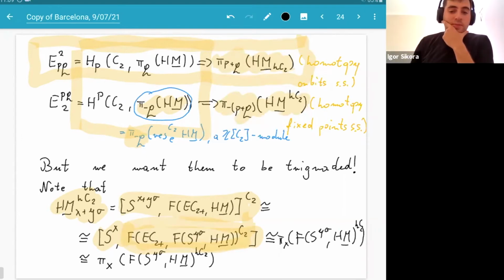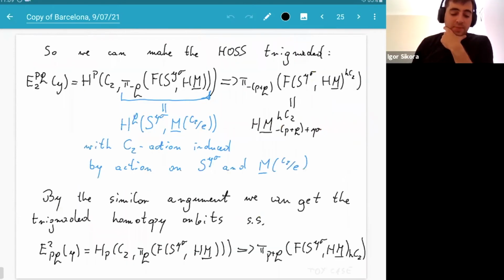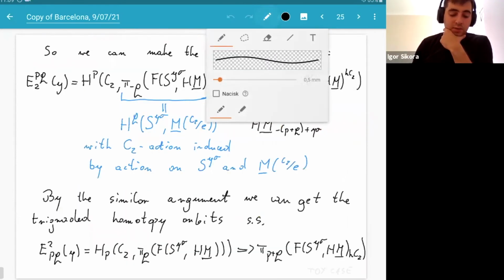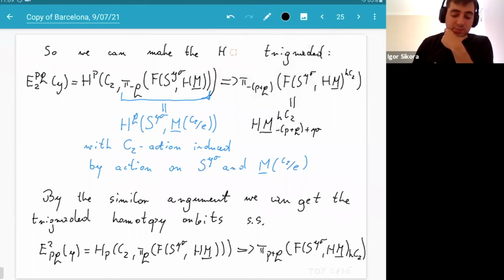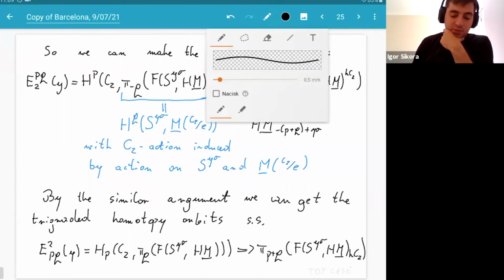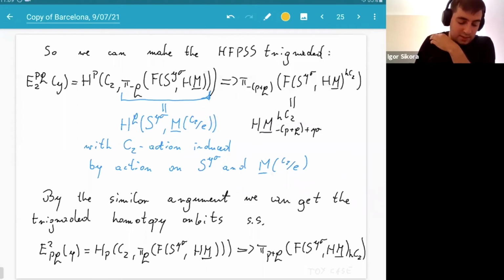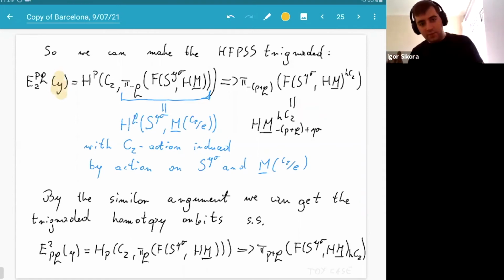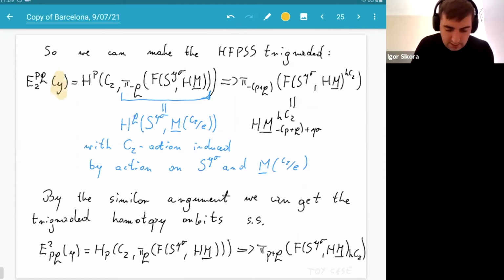And using this, we can define our homotopy fixed point spectral sequence to be tri-graded. So the third gradation is the gradation over twisted degrees. So this is where it appears.